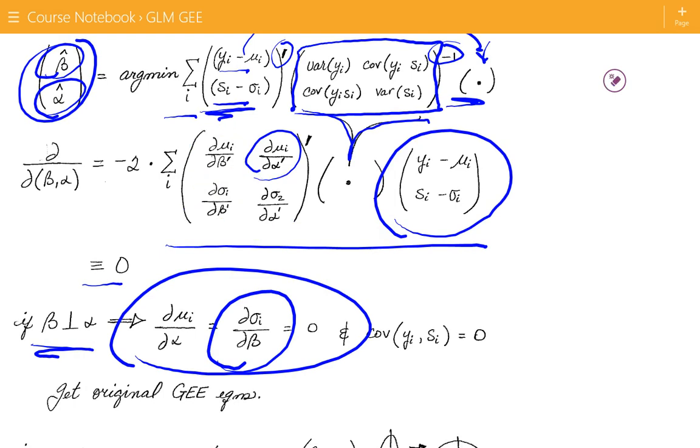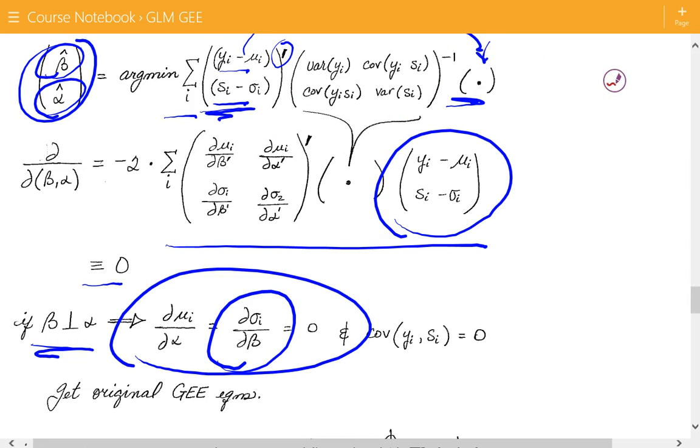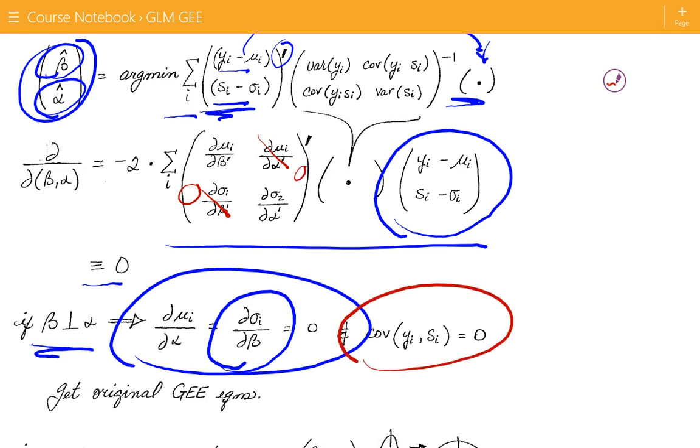So that is equal to 0, and that is equal to 0. And then if the covariance between the y's and their s's is also equal to 0, we get 0 and 0.